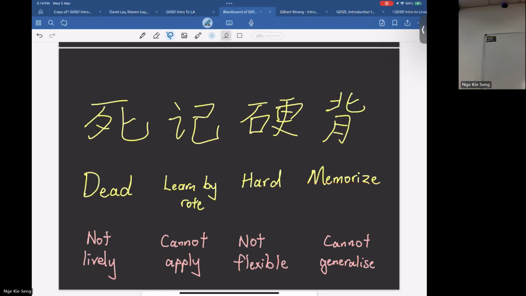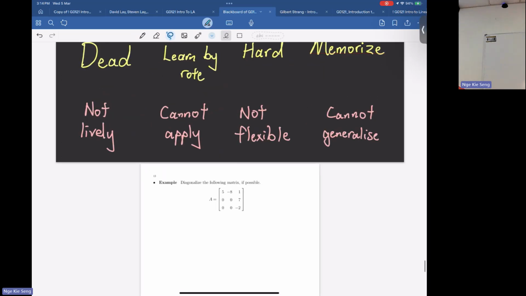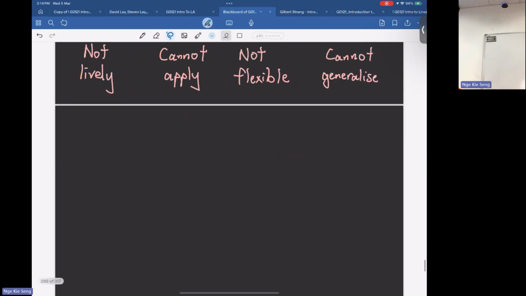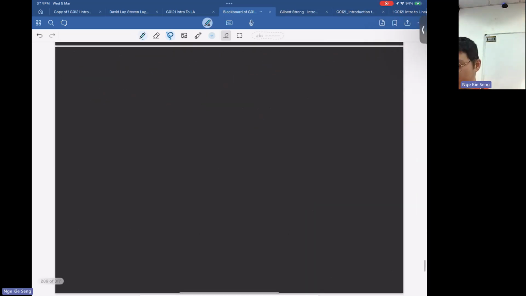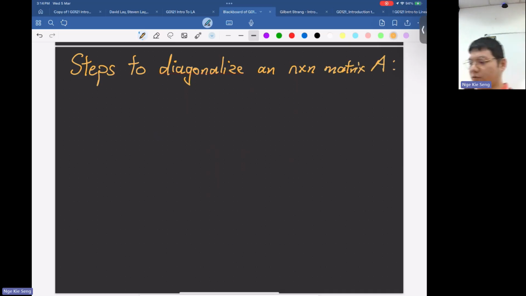Before we continue with diagonalization, I want to do some summary first. So let's say we want to list the steps to diagonalize an n by n matrix A. We diagonalize a square matrix here. So what's the first step we did?